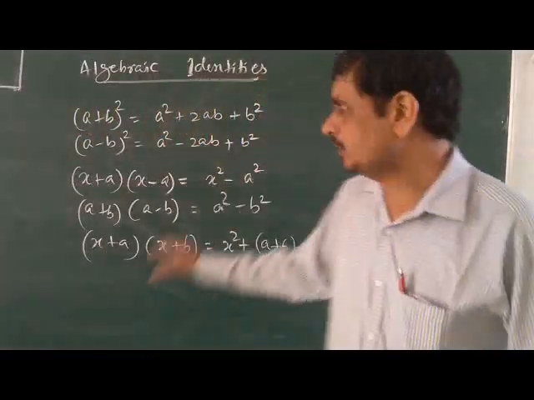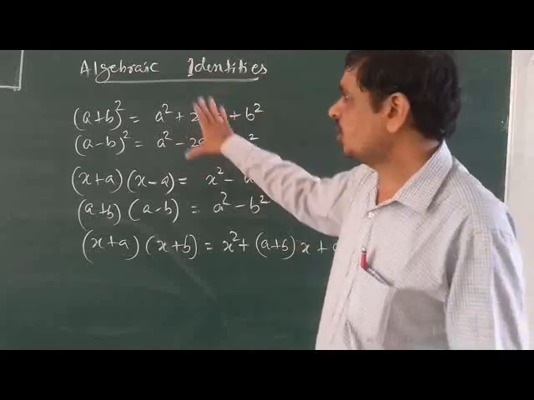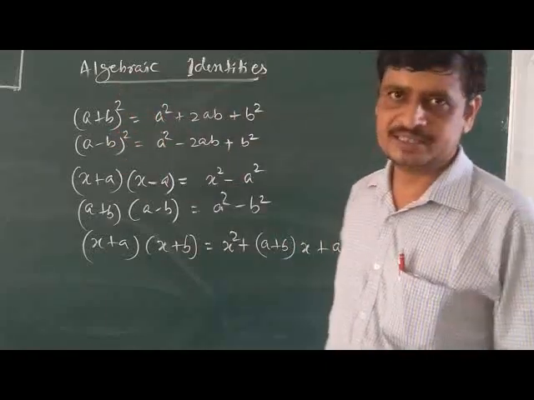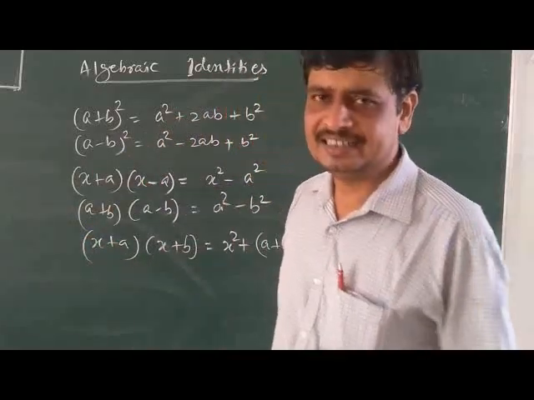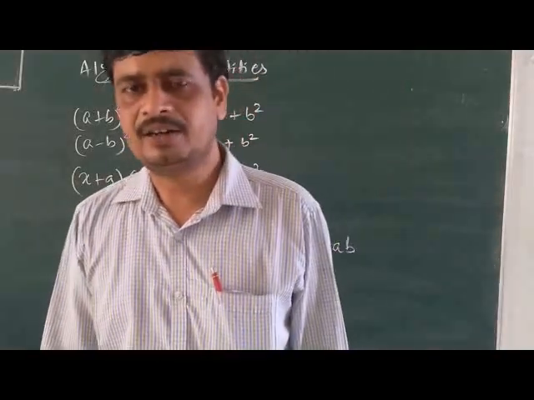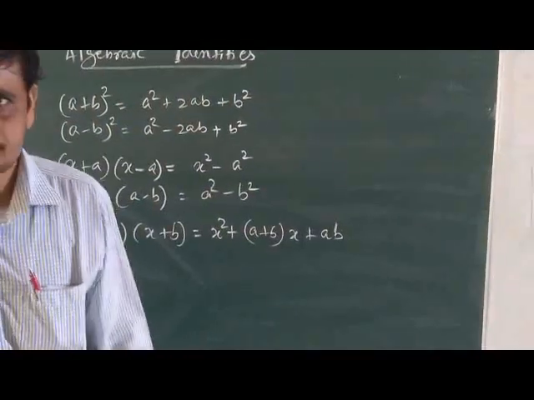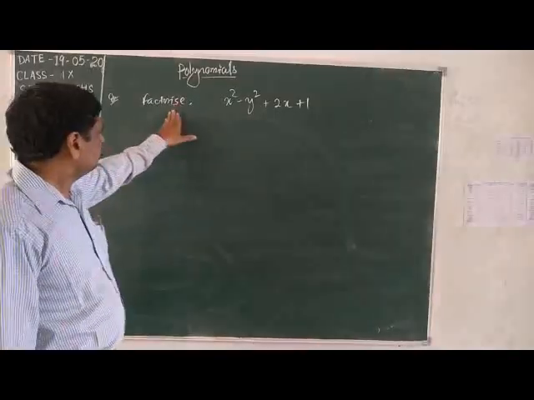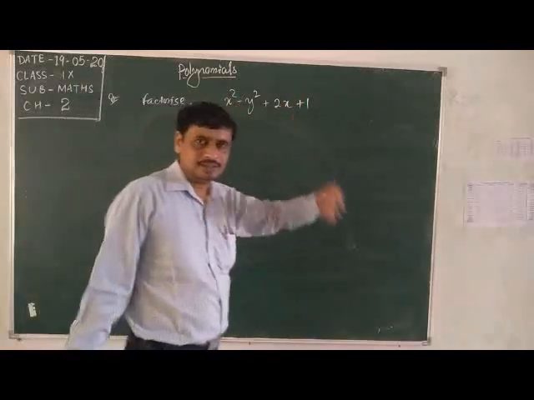These all are said to be identities, and these identities are based upon algebraic quantities, so they are algebraic identities. So many identities are there. We will discuss all the identities by taking some examples. Let us factorize x square minus y square plus 2x plus 1.